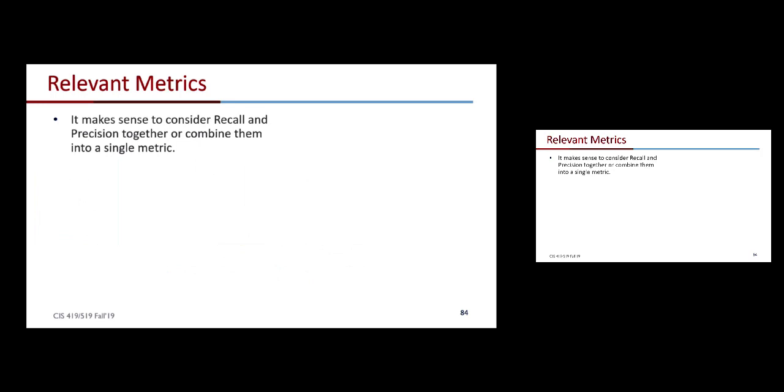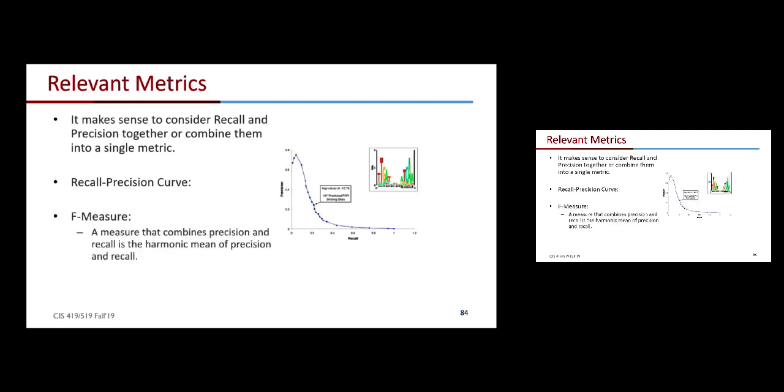Okay, so basically, hopefully I convinced you that it's important to look at recall and precision. Moreover, it actually makes sense to look at them together. Not only recall separately and precision, but rather look at the curve.